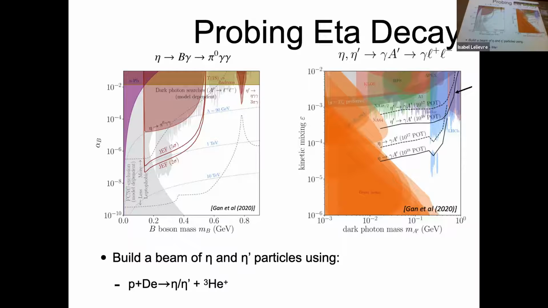You can make an eta beam by firing a proton on deuterium, and then you can get etas and eta primes on helium-3. Suffice it to say that this is another type of decay that can probe for this dark matter. You can look at this in the epsilon versus dark photon mass plane, and you see you're quite sensitive. So, I'll just leave it at that.